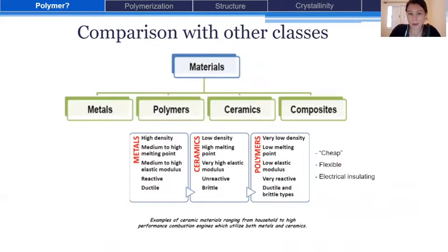If we compare the properties of polymers with metals and ceramics, you can see that they present some advantages. For example, they have a very low density, so they are lighter than metals and ceramics. They have a low melting point. However, they have a low elastic modulus.